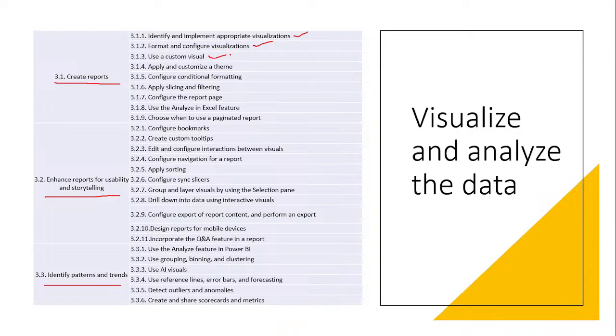Then use a custom visual, the visualizations that can be added in Power BI from different sources. Apply and customize the themes. You all understand what a theme is, but what is the role of a theme in Power BI?